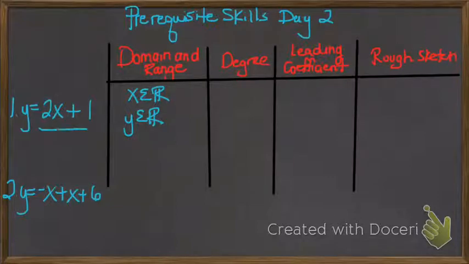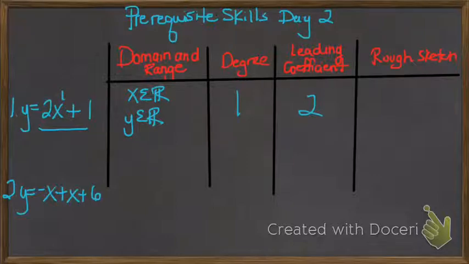So if something's linear, we say it's degree 1, and that's because there's a little power of 1 beside that x. The leading coefficient, that is the number in front of the variable of the highest degree, or in this case, it's the slope. It's the number in front of x.